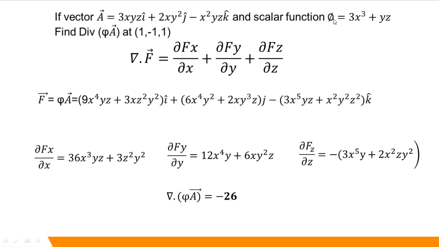So first we will do that one, phi A. What is phi? 3x³ plus yz. A is this. So individually, one by one, you multiply term by term. 3x³ to this: 3 times 3 is 9, x³ times x, so 9x⁴yz.